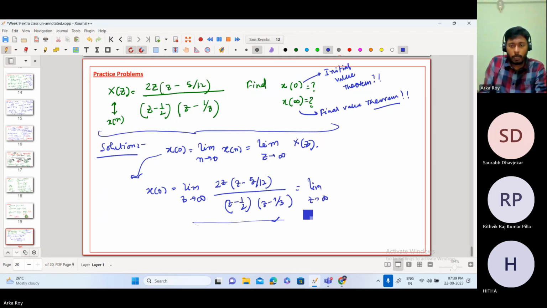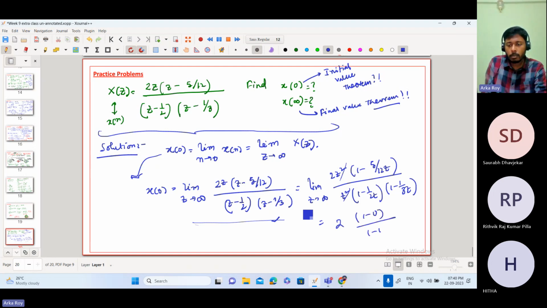I will just take z out from each of these factors. So it will be 2z squared times 1 minus 5 upon 12z, and this will be z squared times 1 minus 1 by 2z, 1 minus 1 by 3z. Then z will cancel, and each of these factors will be 1 minus 0, 1 minus 0, and 1 minus 0 respectively. So yes, the final answer will be 2. That means x of 0 is equal to 2.